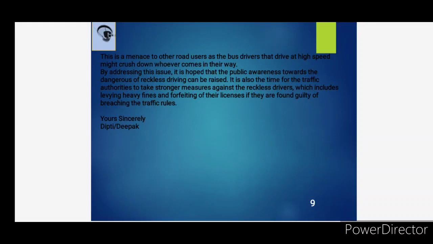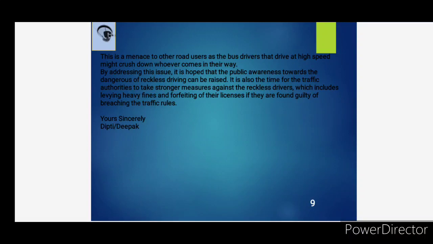This is a menace to other road users, as the bus drivers that drive at high speed might crush down whoever comes in their way. So then you need to make a request to the person.